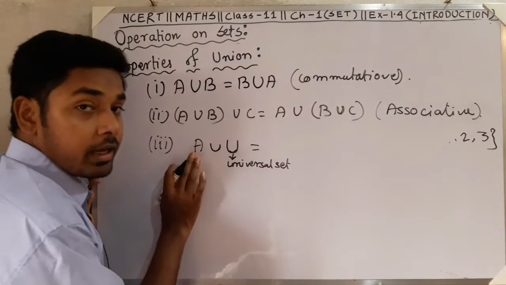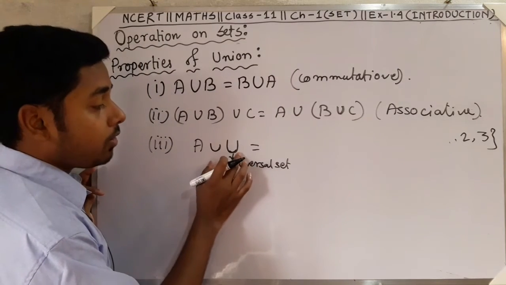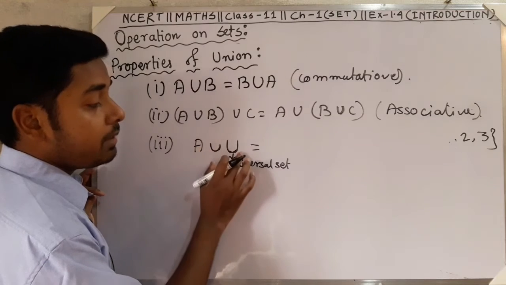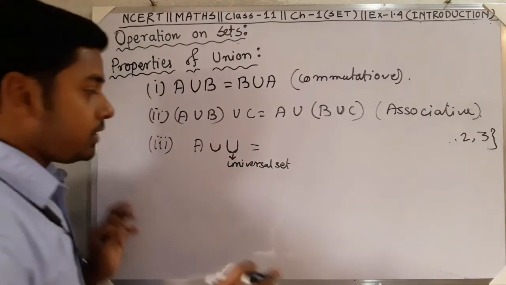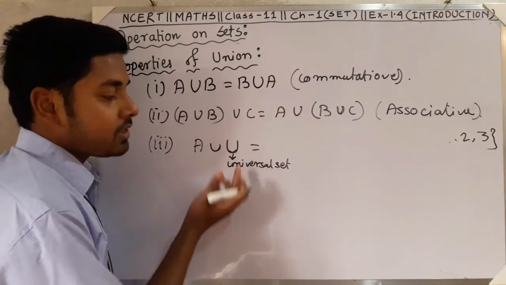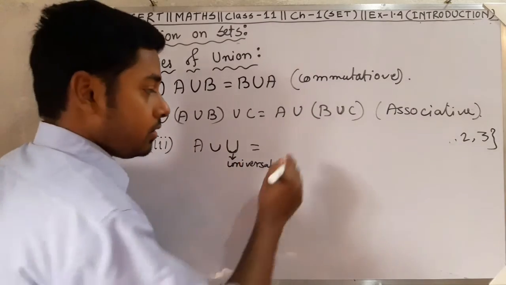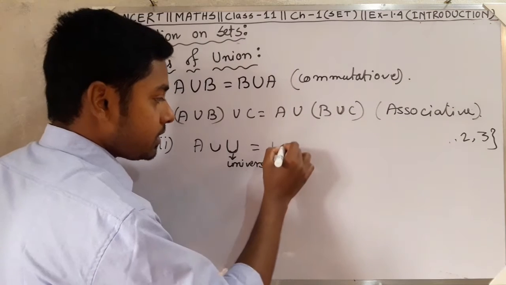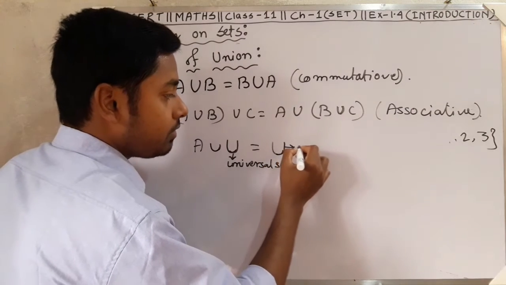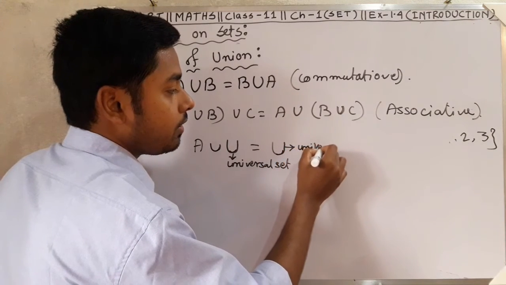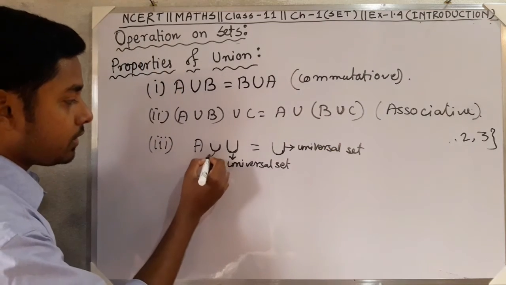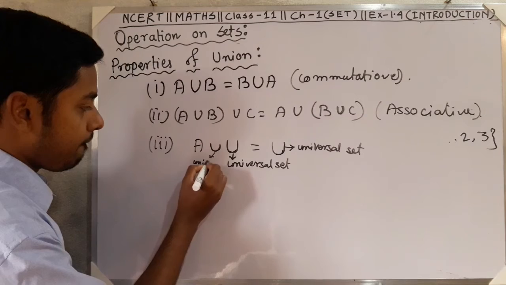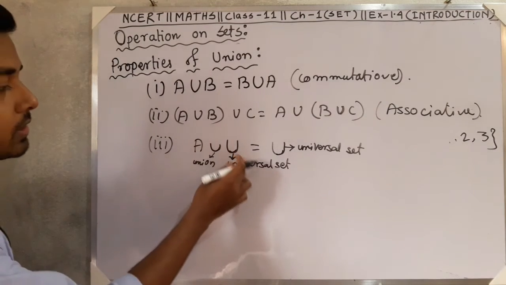Elements of A, elements of the universal set and common elements. So easily we can tell what? A is a subset of universal set. So union of this set will be universal set. Okay, this is union, this is universal set.